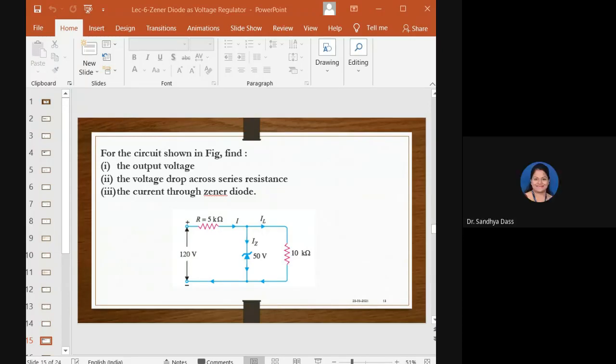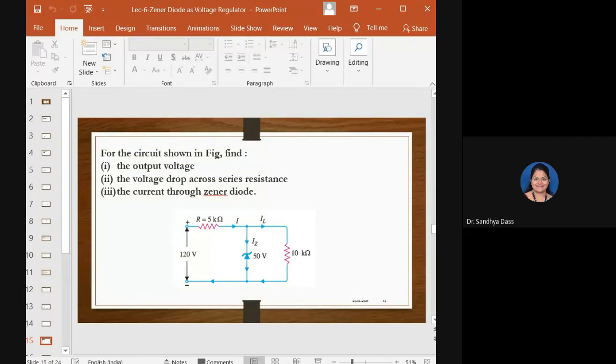Ma'am, is the current across the series resistance 0.014 amps? Current across the series resistance, what did you say? 0.014.